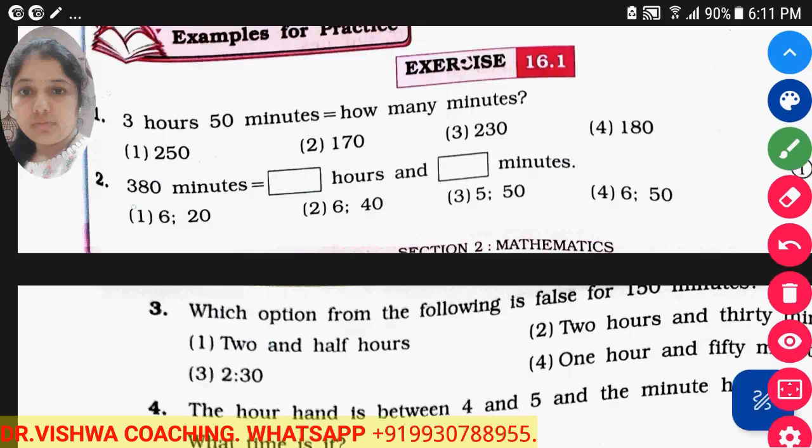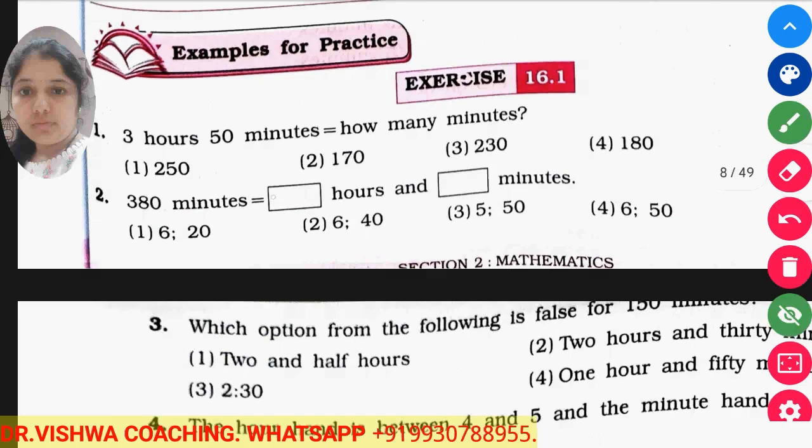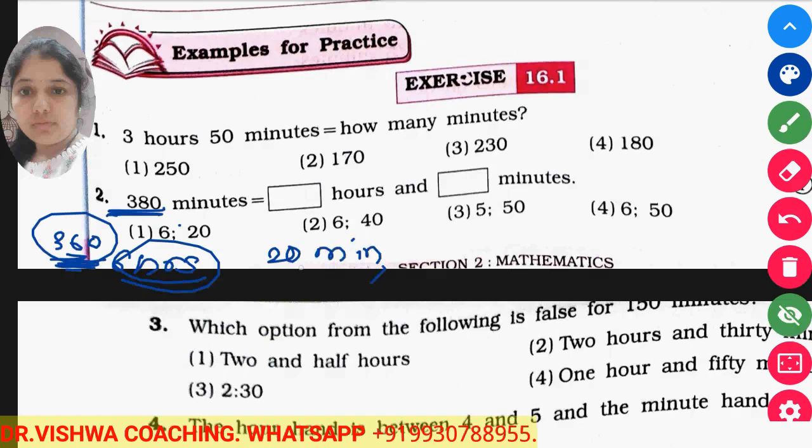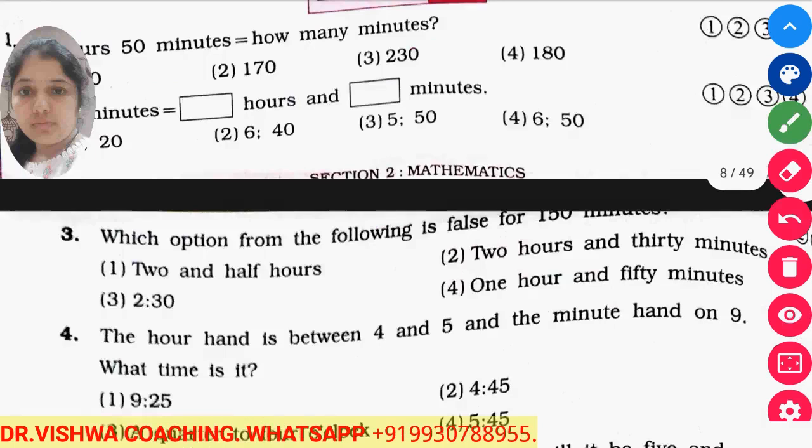You recite the table of 6 and cut those 360 minutes, which is 6 hours, and after cutting this 360 minutes from this 380 minutes, we are left with 20 minutes. So 6 hours and 20 minutes is the correct answer. Understood? Now we'll move ahead.